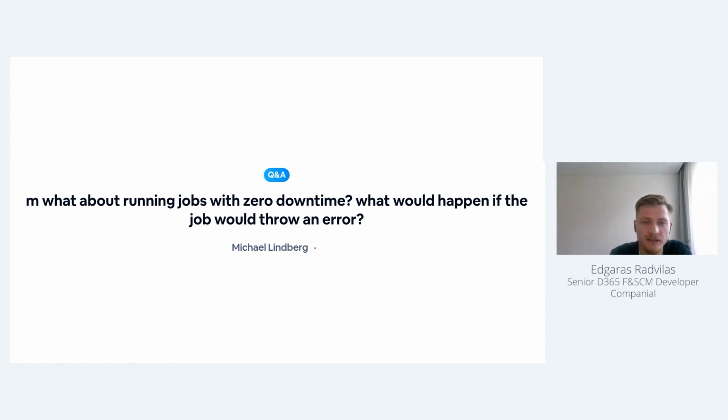And basically, I think the status would change to a state of failed. And basically, you would not be able to do anything else. You would need to create a new deployable package that has the correct code that fixes this issue, and you would need to upload it again and see if it works then. So yeah.